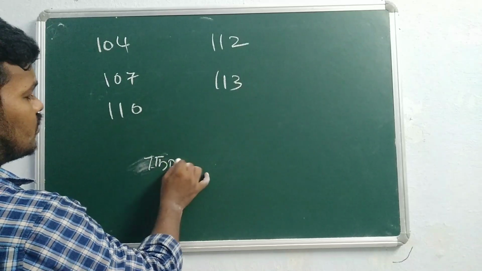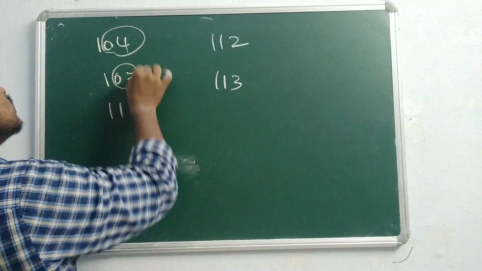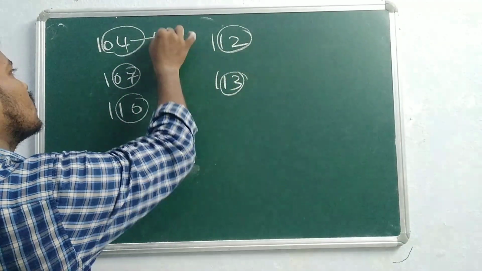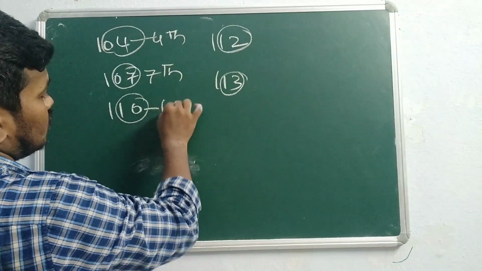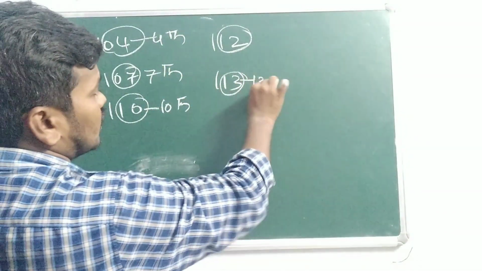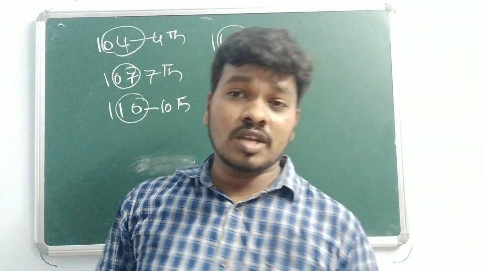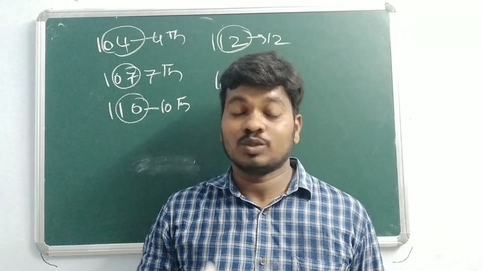For the group, just take the last 2 digits, which are nothing but the group: 4th group, 7th group, 10th group, 13th group, 12th group. So by using these tricks, you can calculate the period and group number of any element. Thank you for watching.